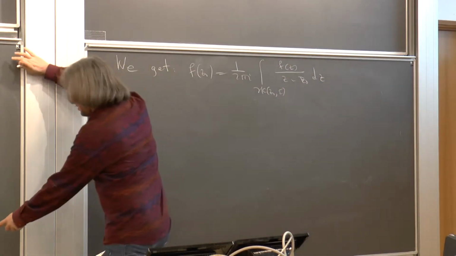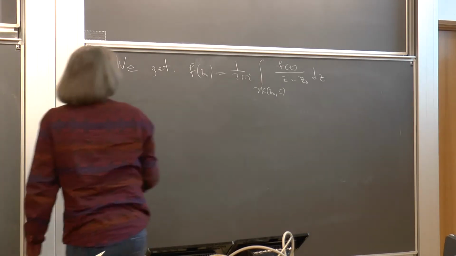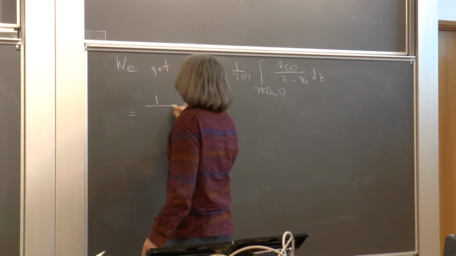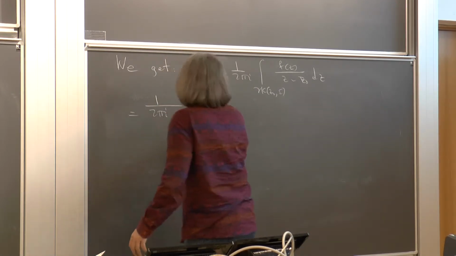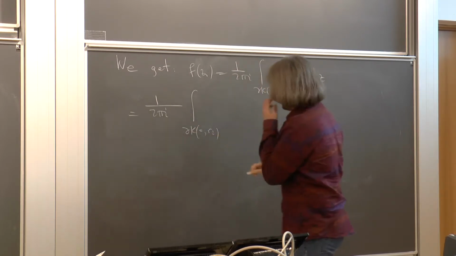So it's this minus this: 1 over 2 pi i integral over the circle of radius r2 of f of z over z minus z naught dz, minus 1 over 2 pi i integral over the circle of radius r1 of f of z over z minus z naught dz.